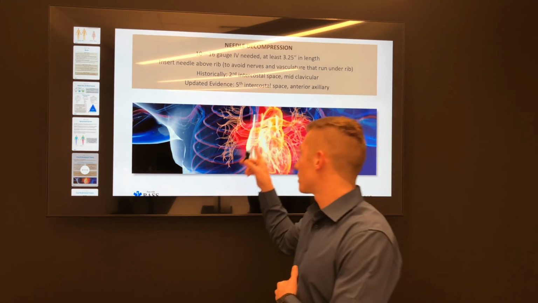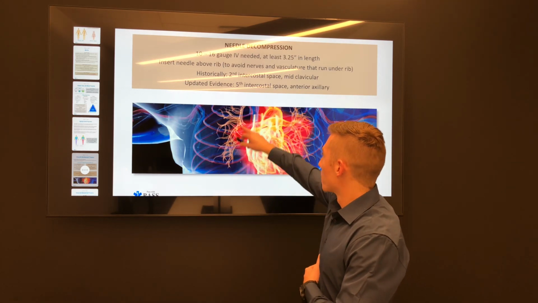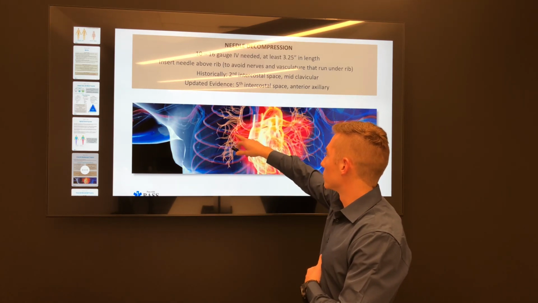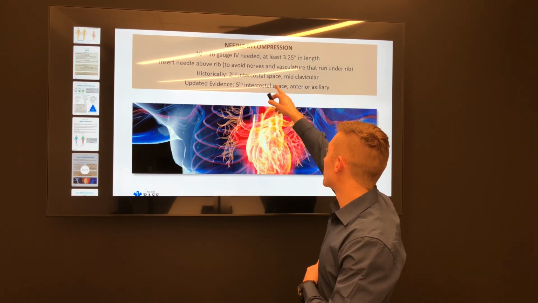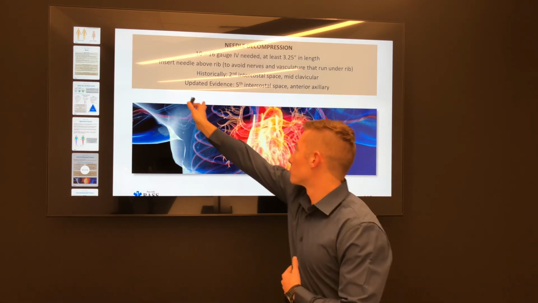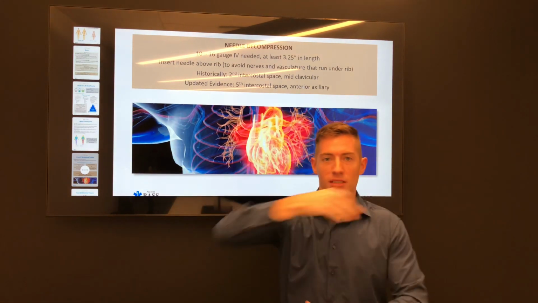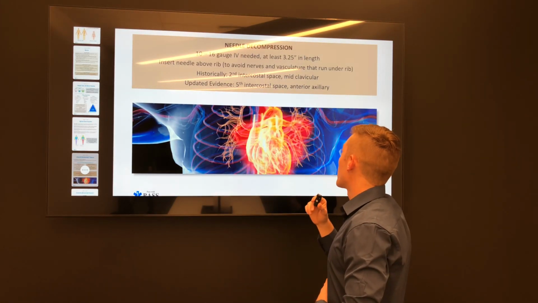So if we're going fifth intercostal space, this is a rib, this is a rib, this is a rib, this is a rib. We want to be about here. And then mid-axillary, not mid-clavicular. This would be mid-clavicular. Mid-axillary is more on the side, almost going in on the side right there. Anterior axillary.